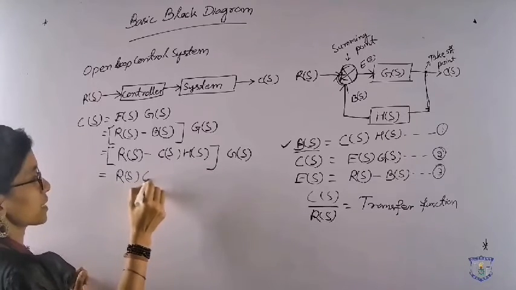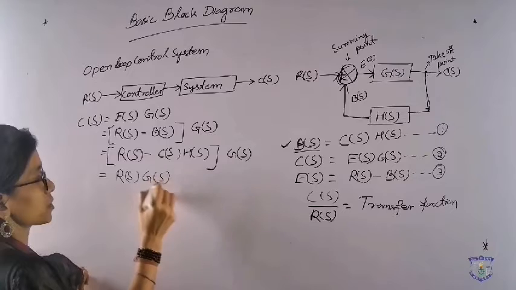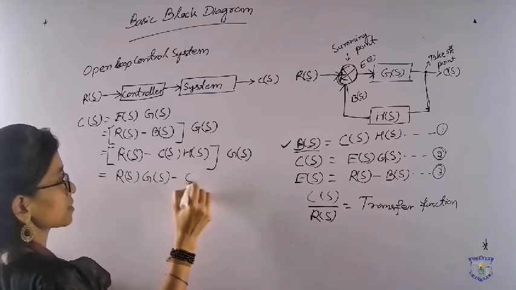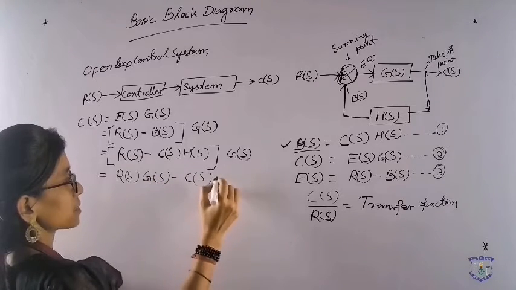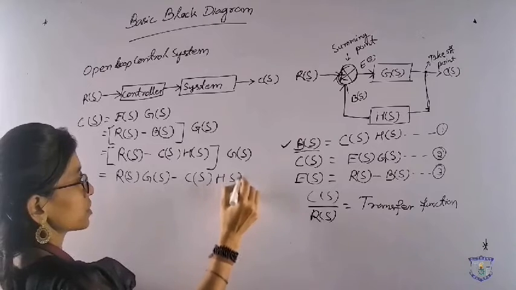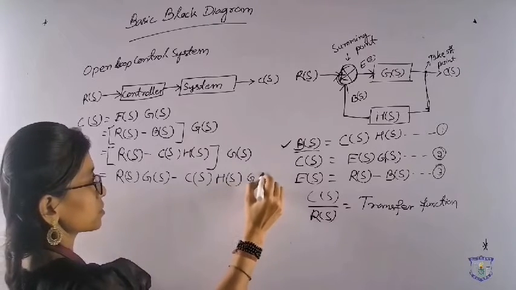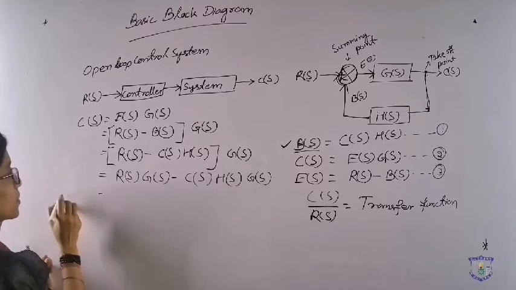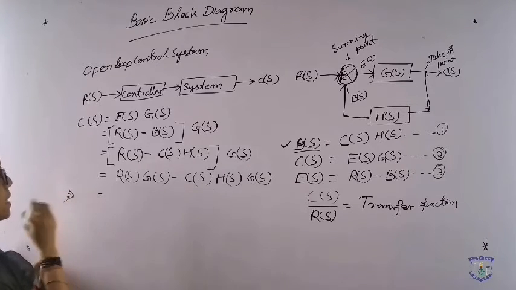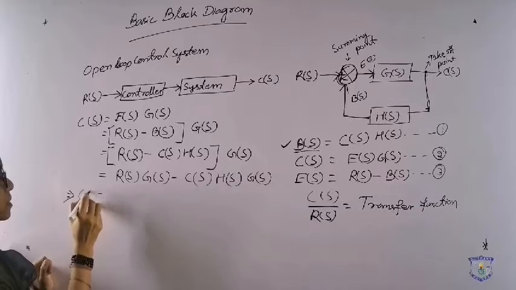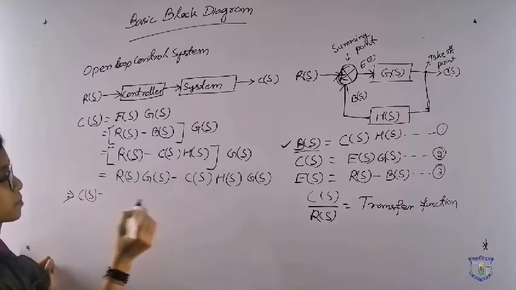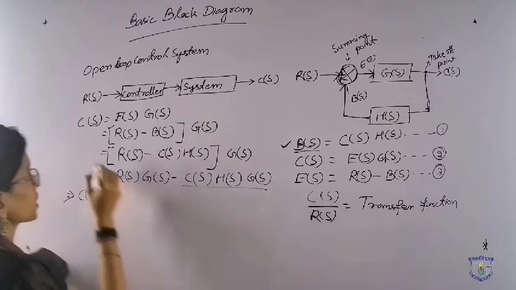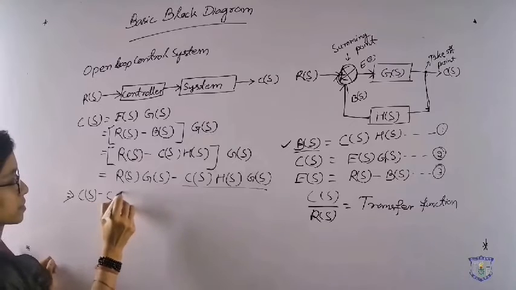By simplifying this, I can write R(s) into G(s) minus C(s) into H(s) into G(s). Now I can rearrange these equations by taking this part to the other side.